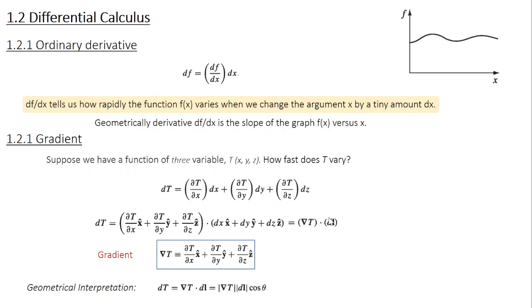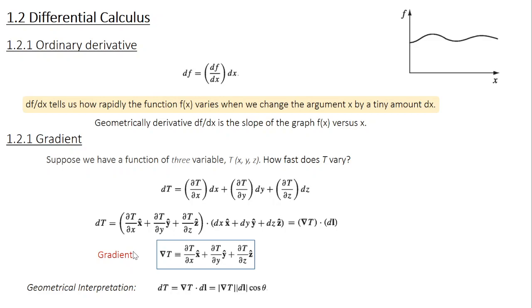So I can call it an infinitesimal displacement vector dl. And the first vector I call del t, which is known as gradient of t. So gradient of t is defined as dou t by dou x x cap plus dou t by dou y y cap plus dou t by dou z z cap.